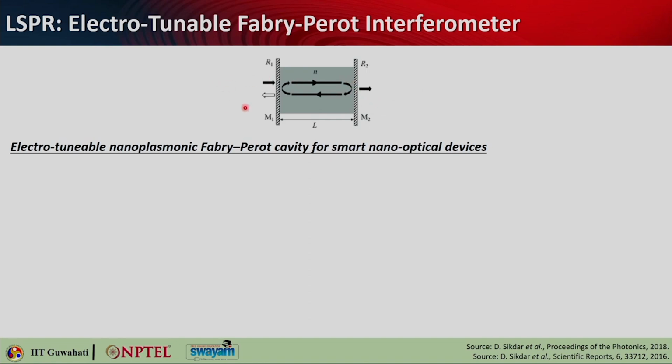So if you send a broadband light, you will get a single narrow transmission peak. So this is how a Fabry-Perot interferometer can be used as a selective transmission filter. Now how do you change the transmission wavelength? Either you have to mechanically adjust the length of this cavity, or you have to physically change the cavity medium N. Then this particular transmission wavelength will change.